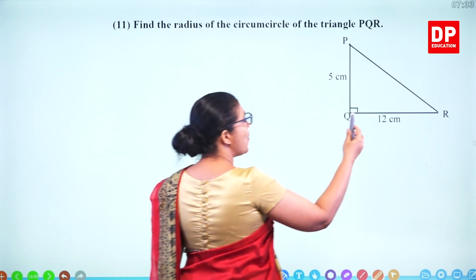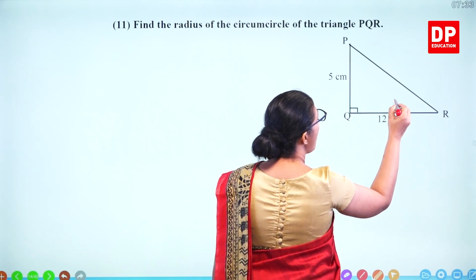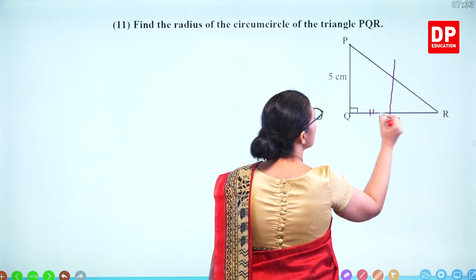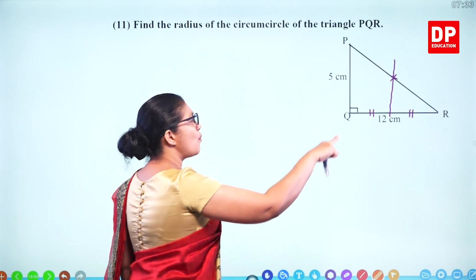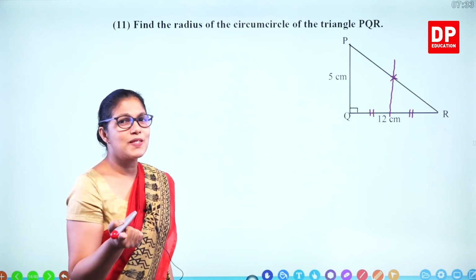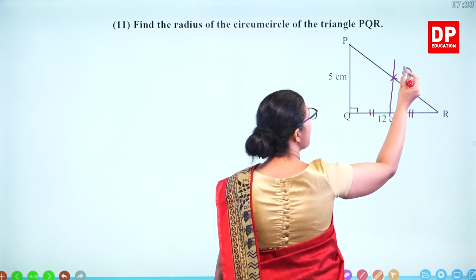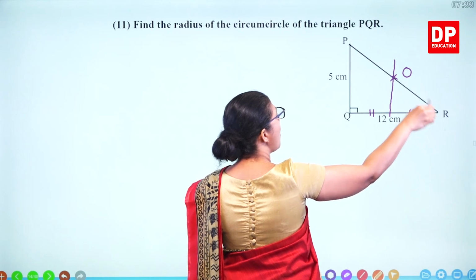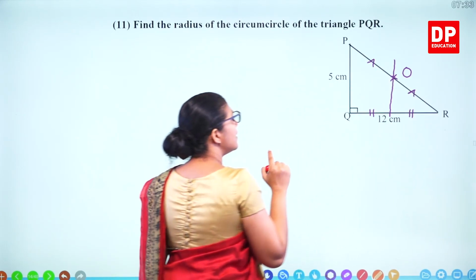Can you remember when you draw the bisector of QR, what happens? The intersecting point with the hypotenuse becomes the center of the circumcircle. So this becomes the center of the circumcircle and OP and OR is the radius.